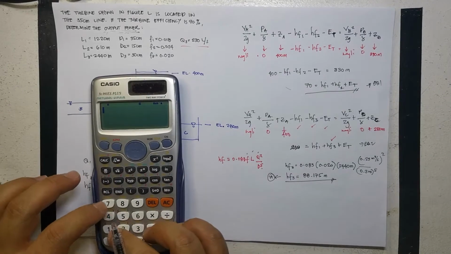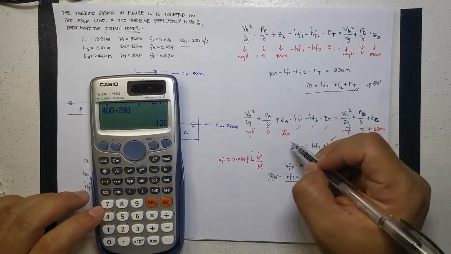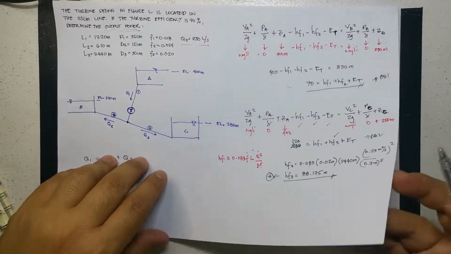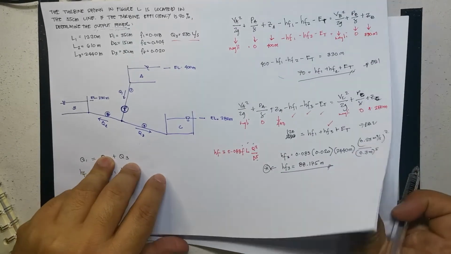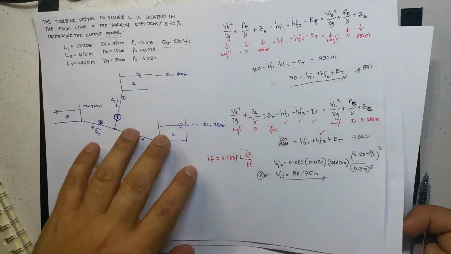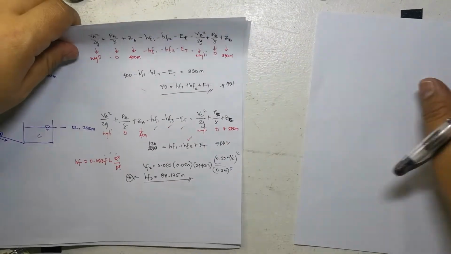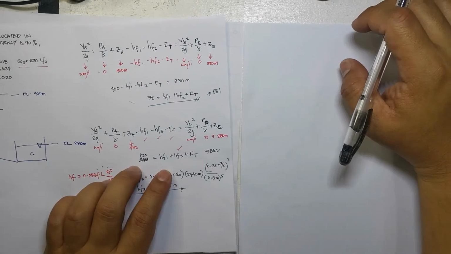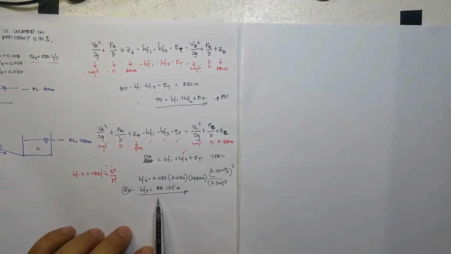Ayan, compute na natin. 400 minus 280 is 120. Ayan. Gumana yung dyslexia. So, move on tayo sa next part nung solution. So, if that is 120 and this is 70, na-solve na natin si HF3.